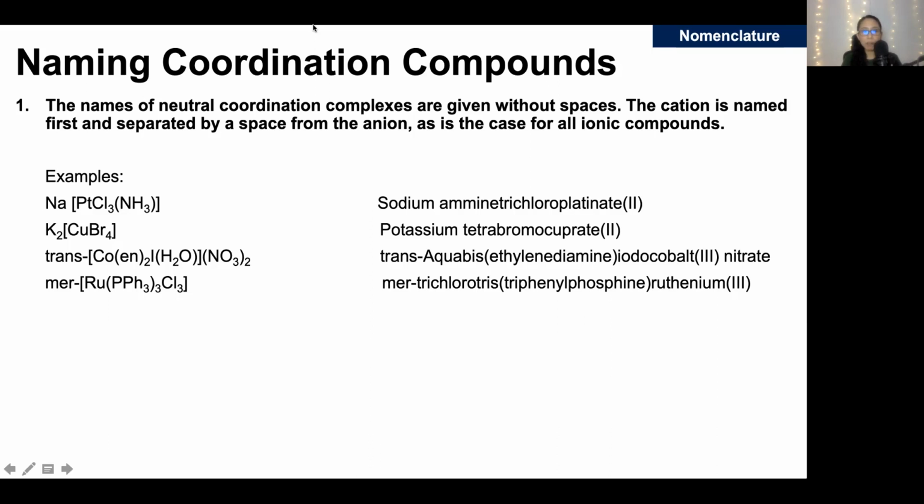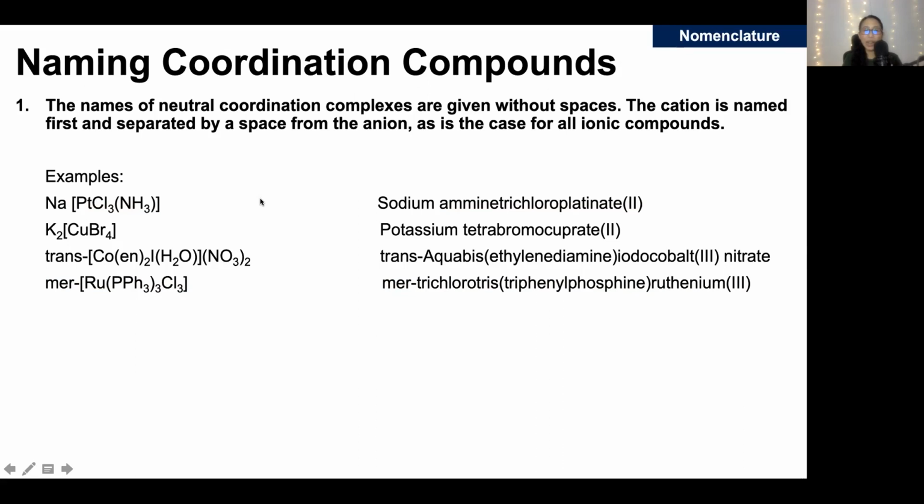If you have a complex like what you saw in the previous video in your compound, then the name of this complex is written without any spaces, as you can see here. If you have, for example, this one, this is one complex, and you see that there are no spaces in its name.